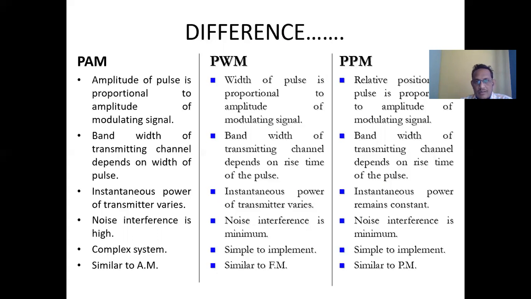It is classified into three parts: pulse amplitude modulation, pulse width modulation, and pulse position modulation. We defined each along with its time domain waveform representation. Then we defined the differences between them. So we will stop here.